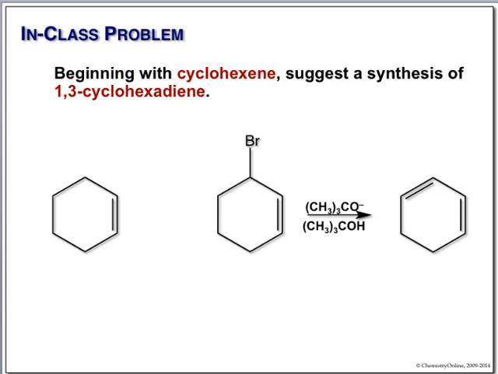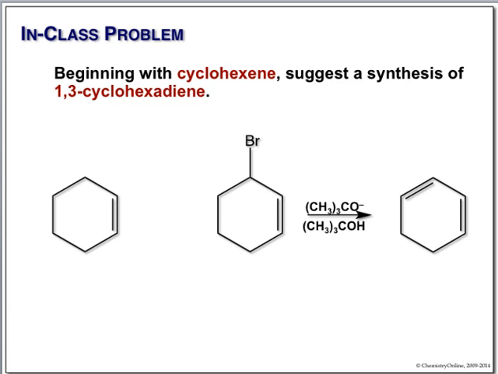But do we know any simple way to put a bromine just on this ring at that position? Ask yourself, what is magic about this position? It's adjacent to a double bond, isn't it? Remember the magic word we used? Allylic? It is an allylic position.